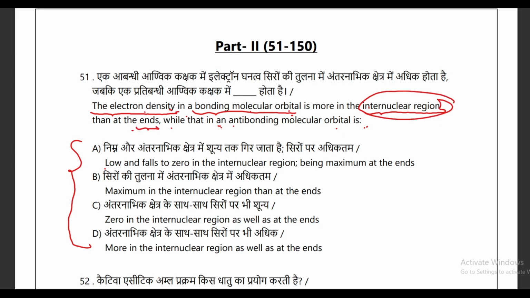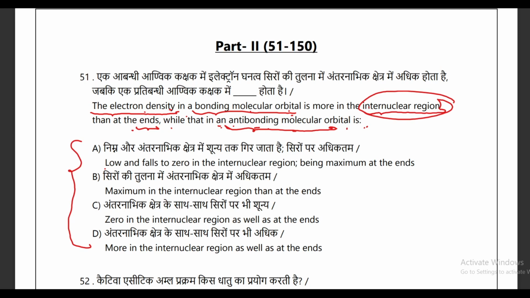is less. But if we consider anti-bonding molecular orbitals, in that case, electron density is distributed differently compared to bonding molecular orbitals. In an anti-bonding molecular orbital, the electron density is less in the internuclear region, which is opposite of bonding molecular orbital, and more at the ends, okay, or outside the internuclear region.